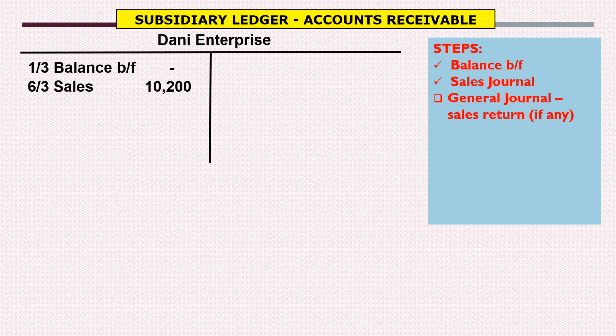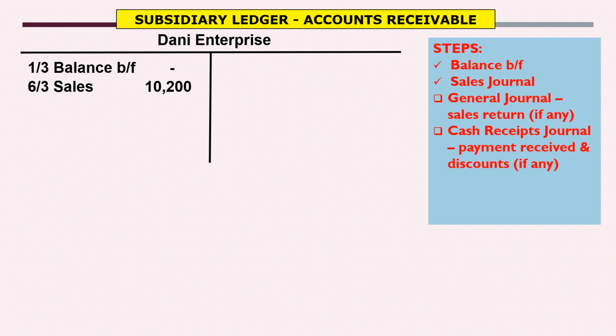Just now, we found out that there is no sales return from Dani Enterprise. Then the fourth step is to check the cash receipt journal whether there is any payment received or any discounts from Dani Enterprise. Just now, we also found that there is no payment received from Dani Enterprise. Then, we balance the account left and right.